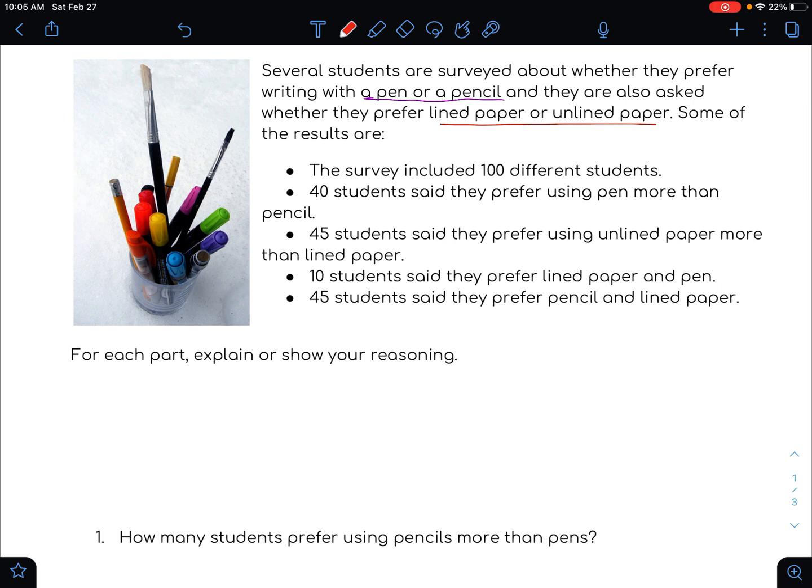So what we do to start to figure this out and get a little bit of a visual is we create something called a two-way table.